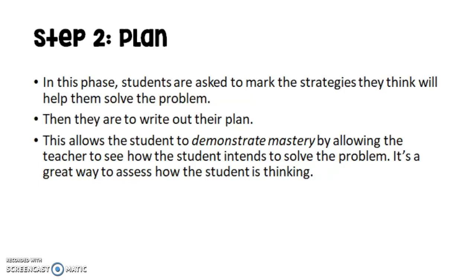They have to write it out before they even can do it. This allows them to demonstrate mastery by allowing the teacher to see what the student's thinking. How are they intending to solve the problem? Not just the work, but the thinking aspect. It's a great way to assess that component.